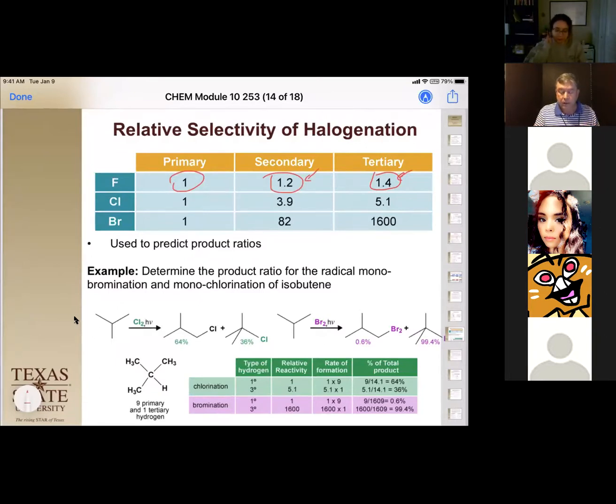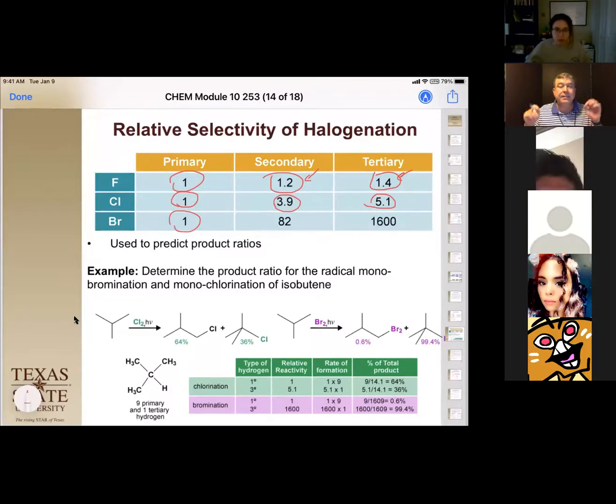Let's look at chlorine. Chlorine, if our primary is 1, the secondary is almost 4 times more likely to react, and the tertiary is 5 times more likely to react. Okay, that means that for every time you do this reaction, 4 out of 5 times it'll react with a secondary over the primary. Okay, now let's look at bromine.